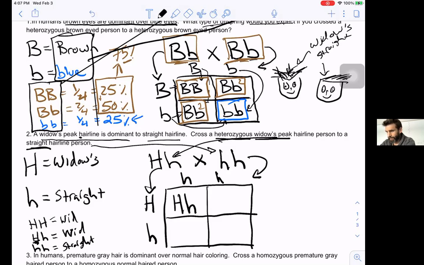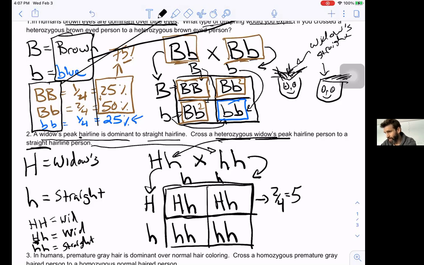So we get this combination here. What I see is up top that 2 out of 4, 50%, would have the widow's peak. They're heterozygous. The other 2 out of 4, the other 50%, would have straight hair.